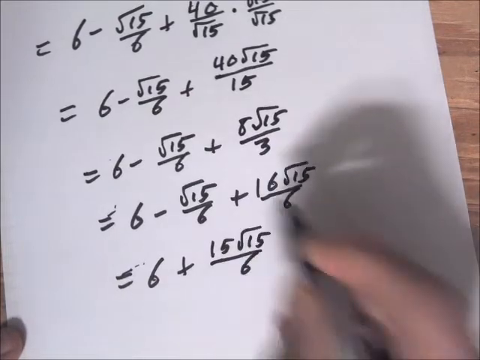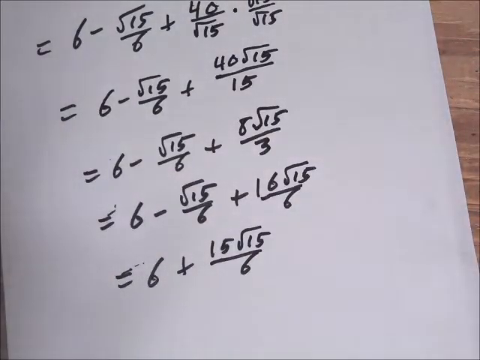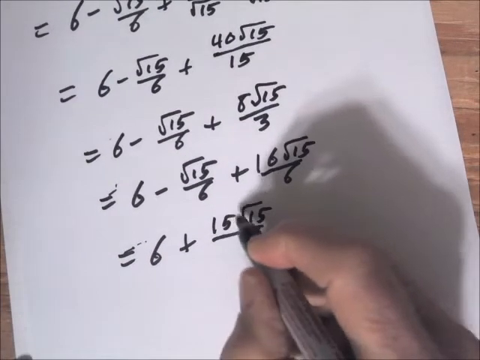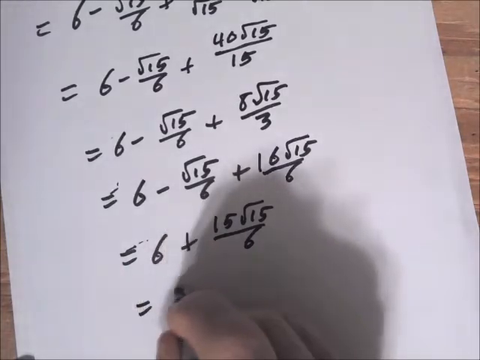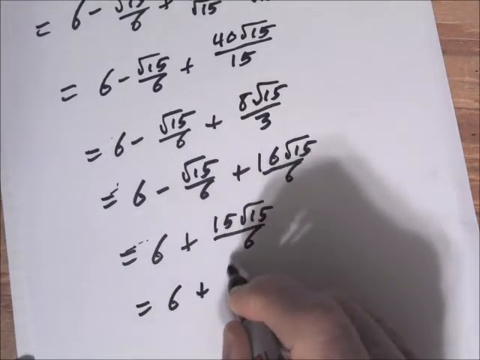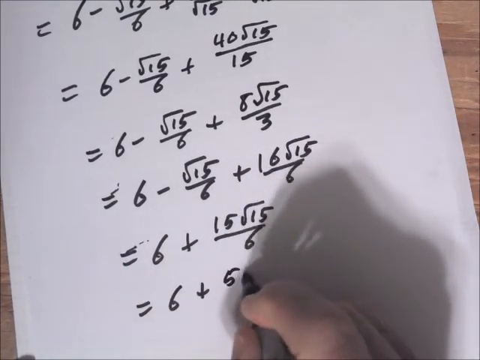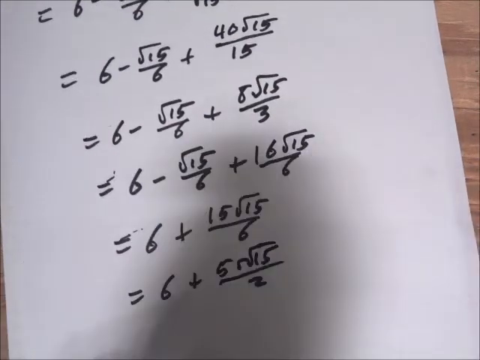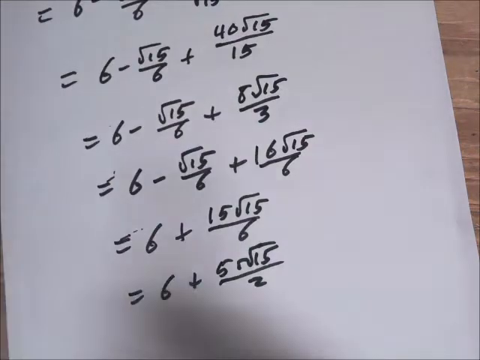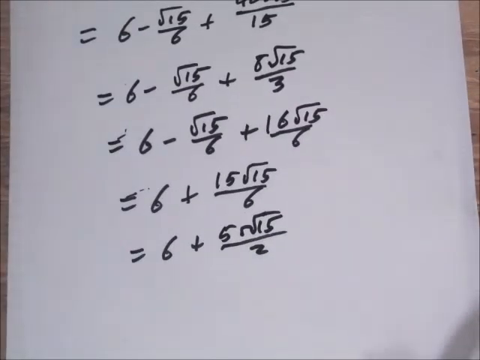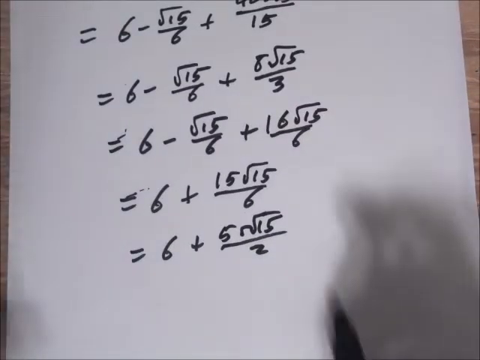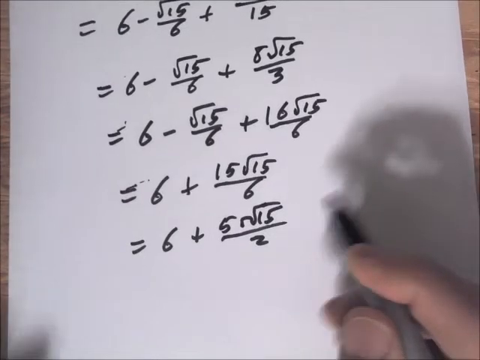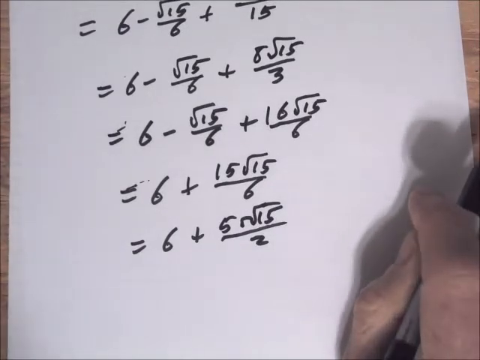Now we can combine the two fractions, and we can reduce 15 over 6 by dividing top and bottom by 3, giving 6 plus 5 root 15 over 2. Okay, so that's the time at the critical value.